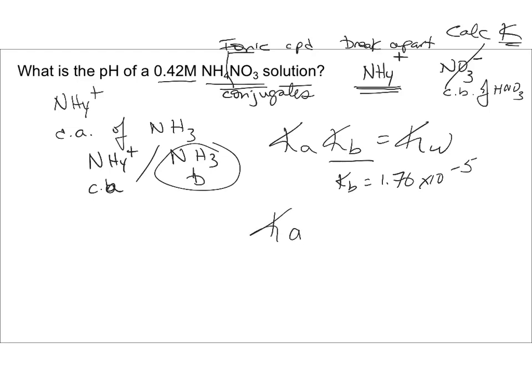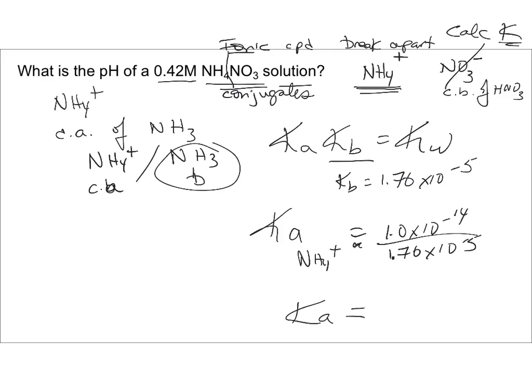So Ka for ammonium is going to equal 1 times 10 to the minus 14 divided by 1.76 times 10 to the minus 5. And therefore our Ka for this acid is going to equal 5.68 times 10 to the minus 10.